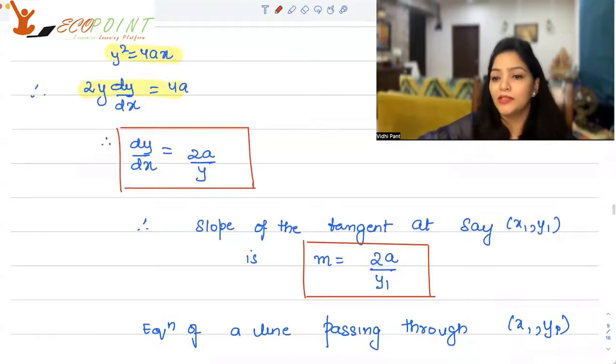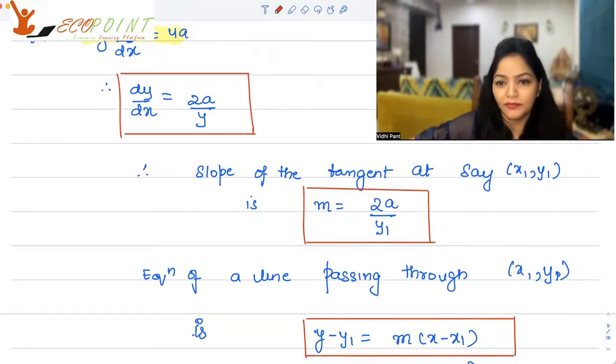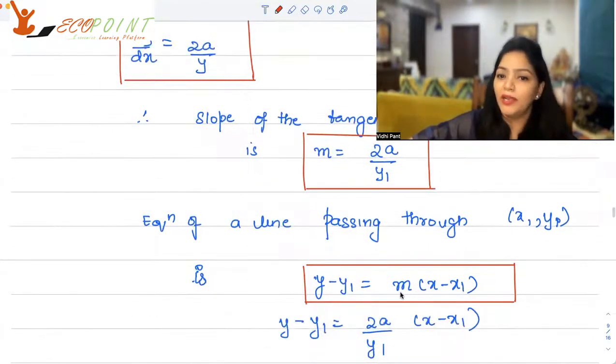Equation of a line passing through x1, y1 is y minus y1 equal to m times x minus x1. Okay, that's the equation of the line passing through some point x1, y1. We know what m is.